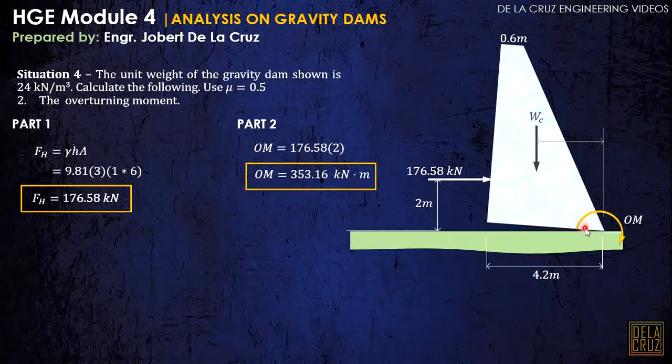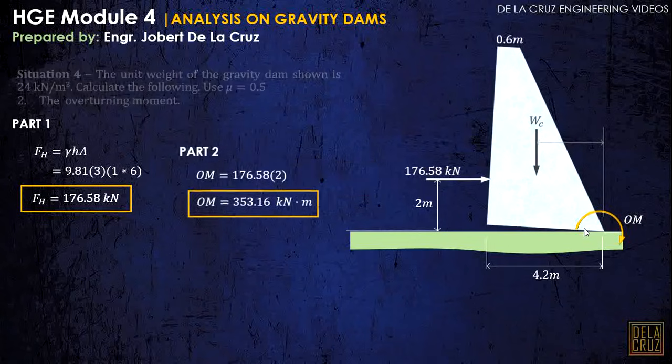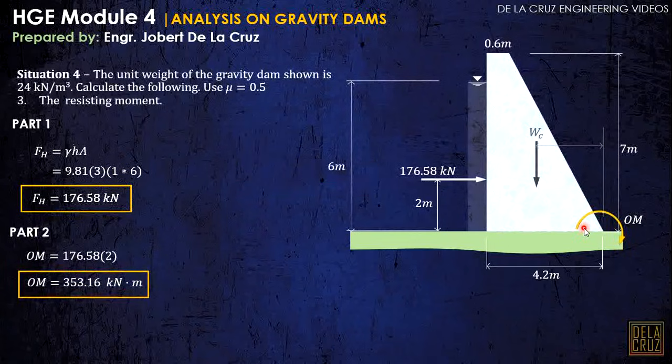We can calculate the centroid using Varignon's theorem, but our solution would be long. So, what we will do is divide our concrete into 2 polygons. In this case, like this. We will divide it, and I will call them W1 and W2. So, let us first calculate W1.